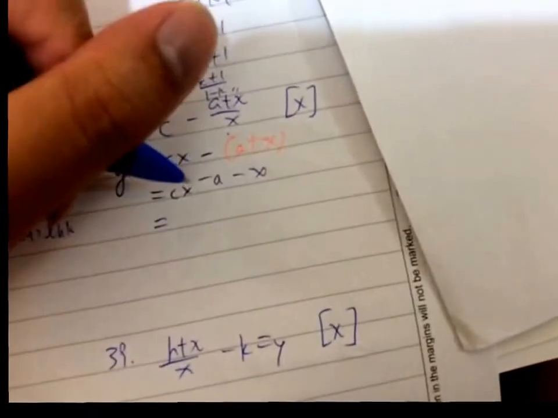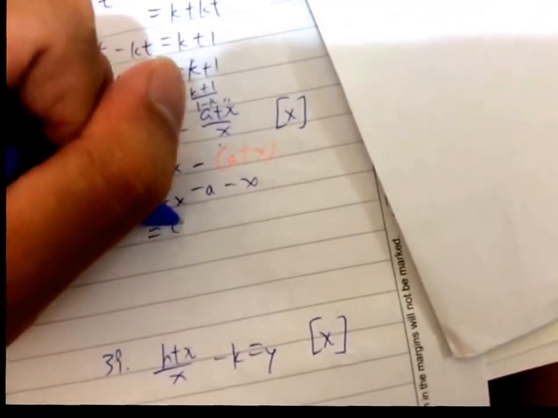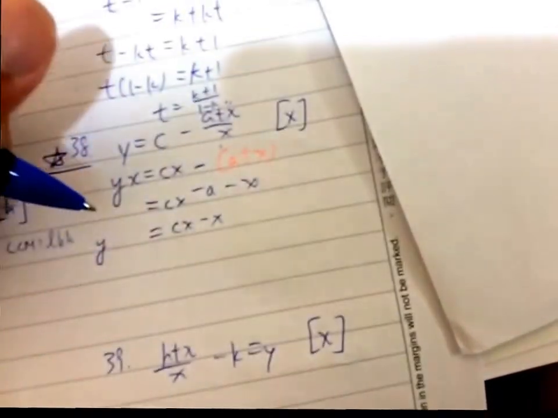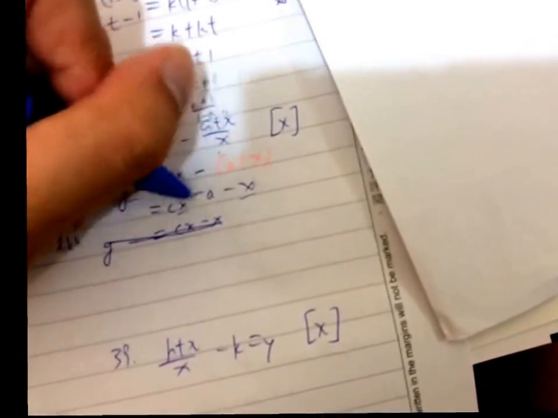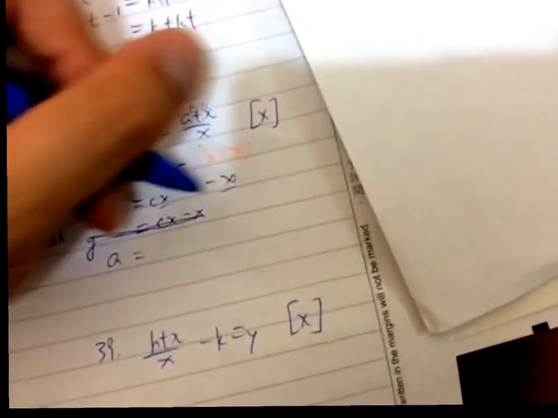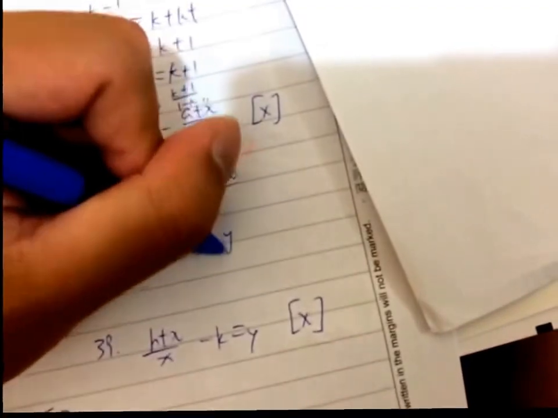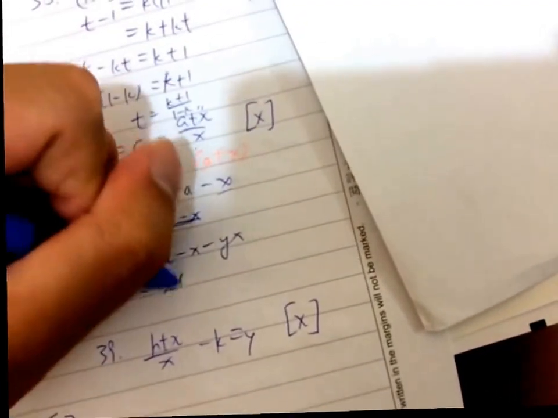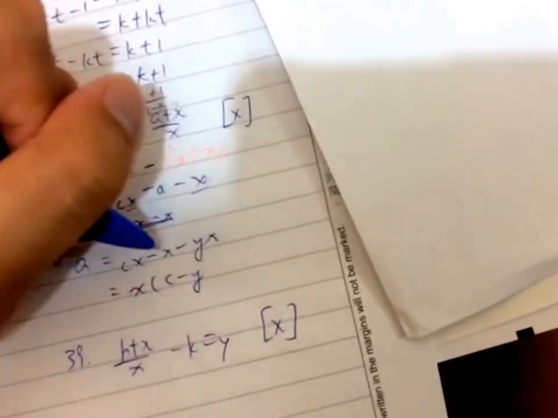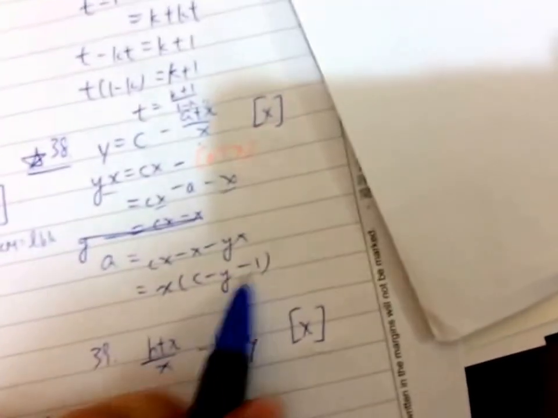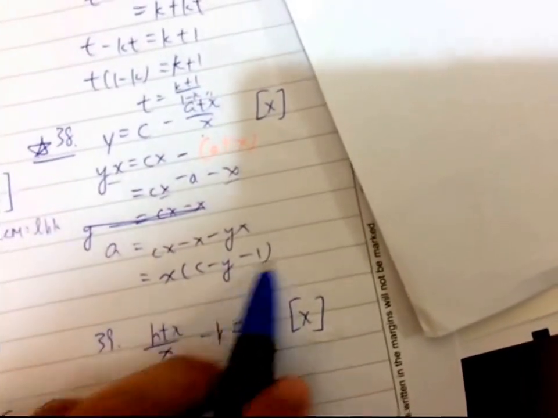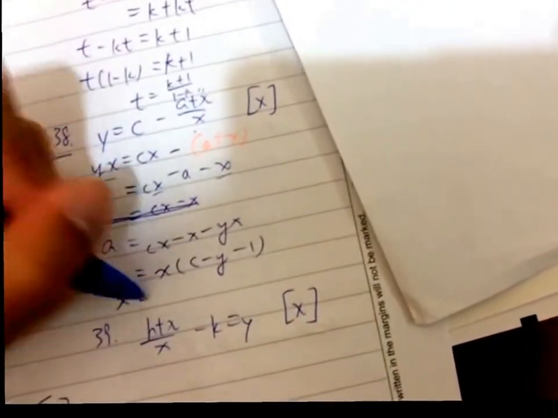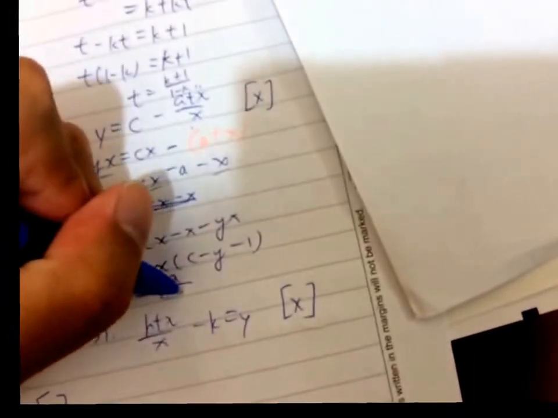Make a star to this question. So cx minus x, this one I move it, I have x 3 times. So I just move a negative a term to the left hand side, move this one to the right hand side. And then I take out x as common factor, c minus y minus 1. And this one is the same, but I want to make all the numbers first. So x will be a over c minus y minus 1.